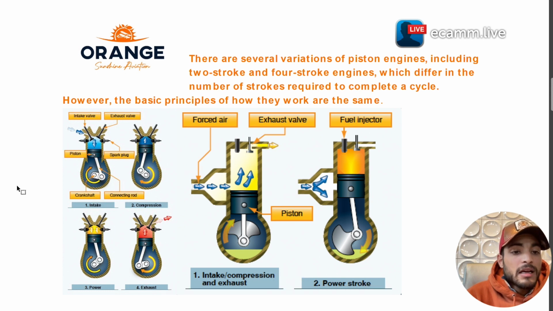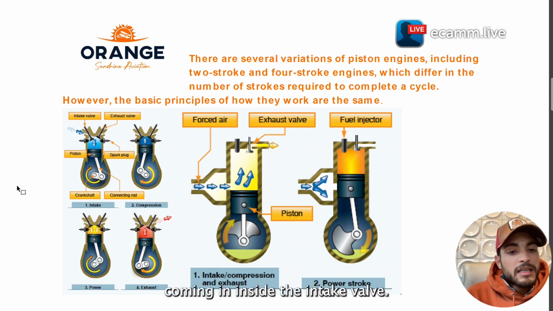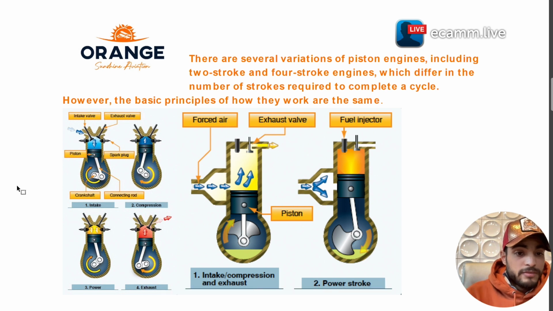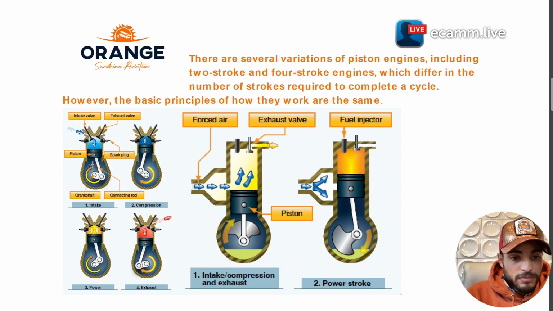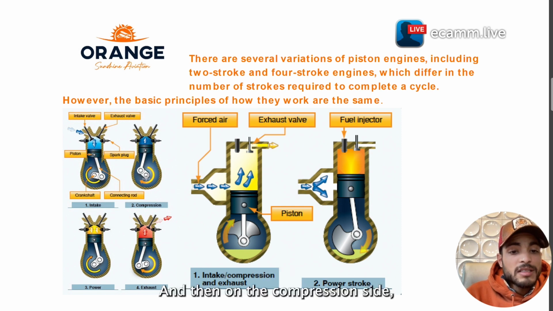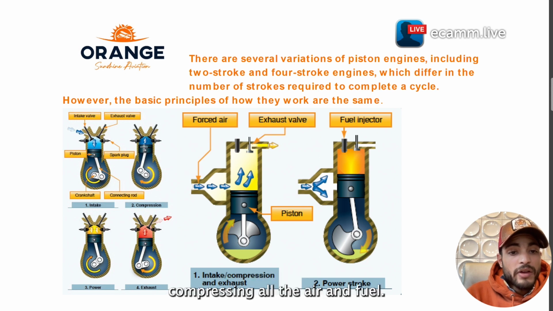On the intake, we're gonna have fuel and air coming in through the intake valve, okay, and that's gonna push the piston down. And then on the compression side, that's gonna close the intake valve, and then we're gonna have the piston going up, compressing all the air and fuel.